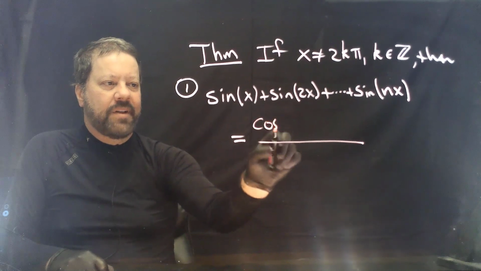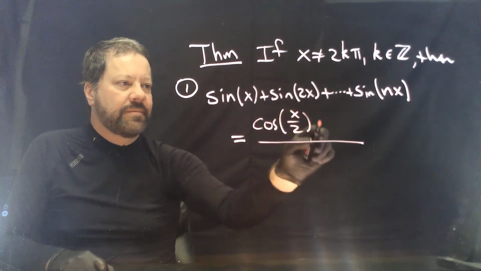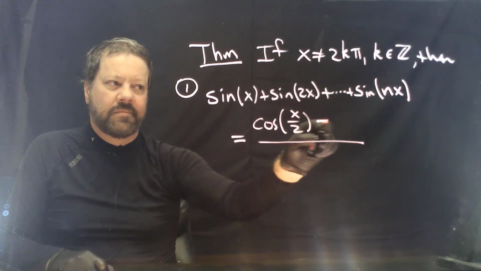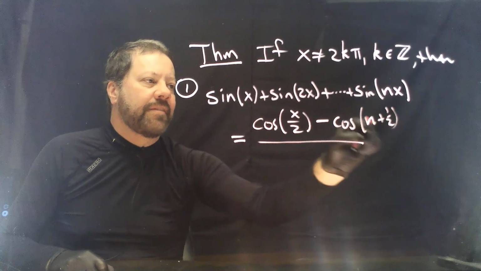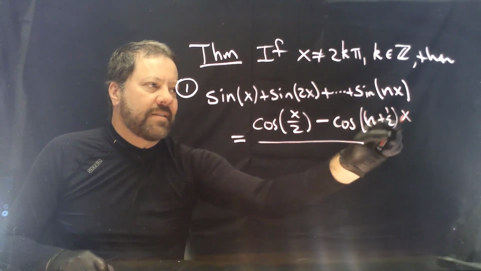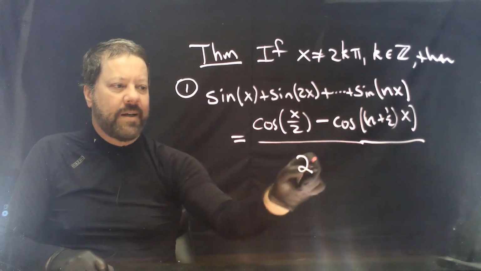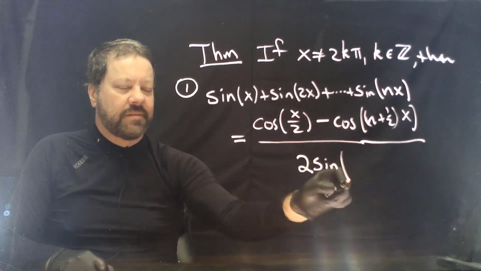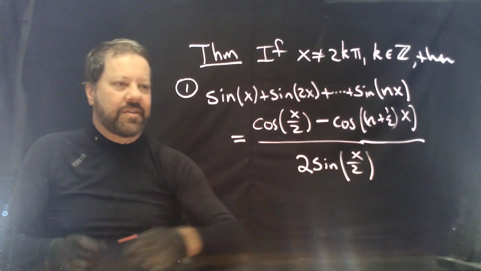It adds up to the cosine of x over 2 minus the cosine of n plus a half times x, all over twice the sine of x over 2.